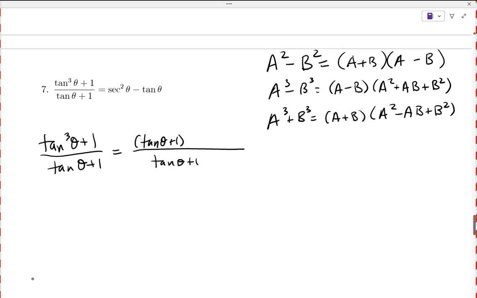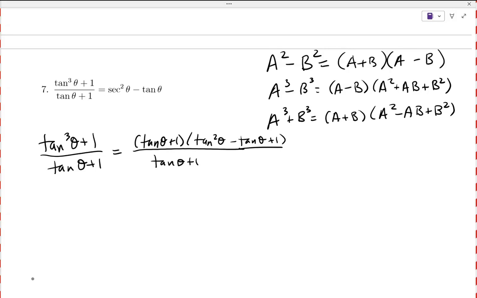Good. And tangent squared theta minus tangent plus 1. Cool. Yep, that's exactly right. Your tangent theta is the A, your 1 is the B, right? Because that's tangent theta cubed plus 1 cubed. Notice again, no trig, right? That's an algebra thing. Kind of harping on that today, aren't I? I'm nothing if not annoying.